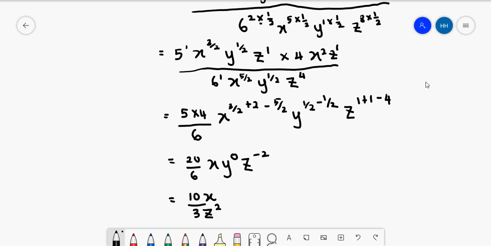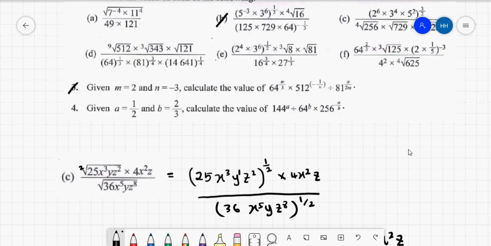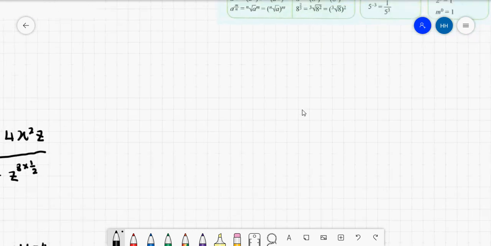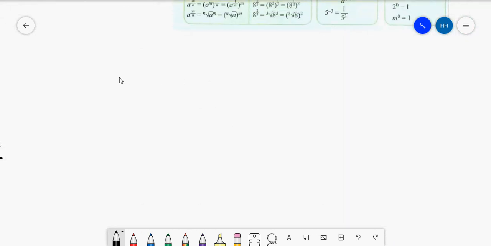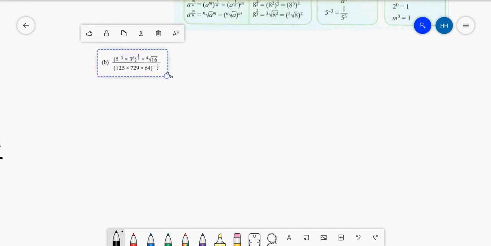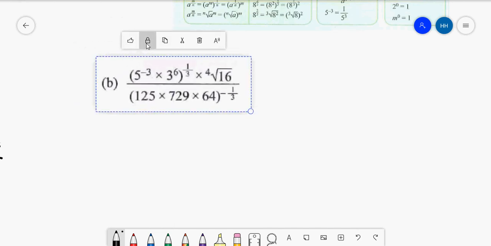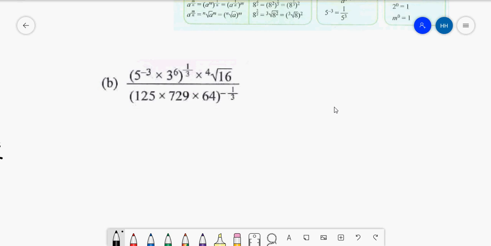Okay, now we look at question 2B. Calculate the value of each of the following. So that's when you must find the value. Okay, question number 2B, I'll discuss question 2B. This is the question. So how do you solve this?